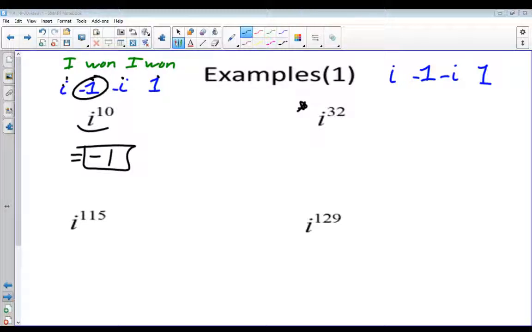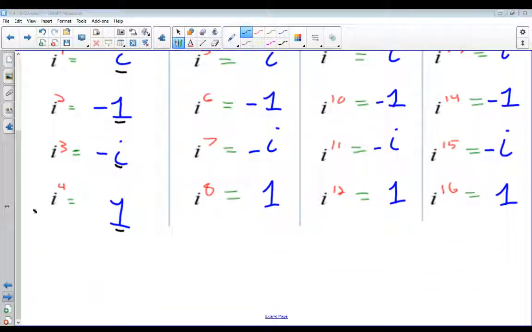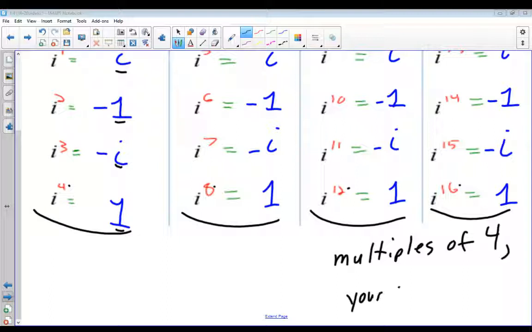Go back to the previous slide and look at the bottom parts: i to the 4th, i to the 8th, i to the 12th, i to the 16th. Notice that the powers 4, 8, 12, and 16 are all multiples of 4. Anytime you have a power that's a multiple of 4, your answer is going to be equal to 1.